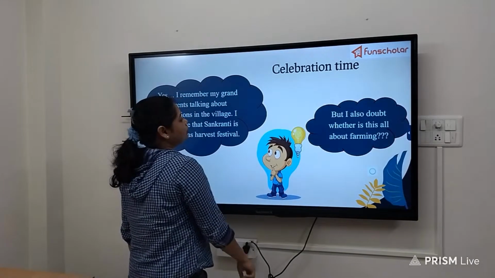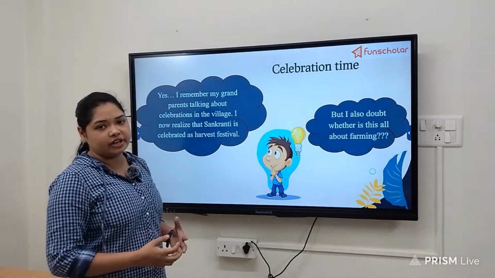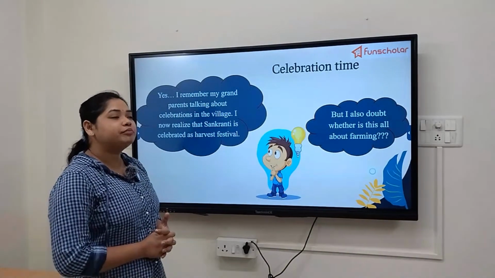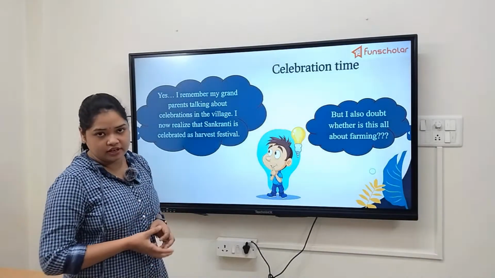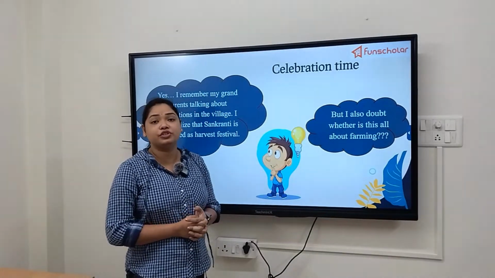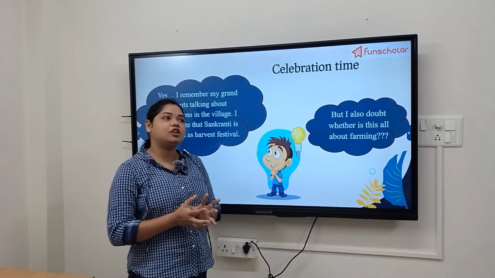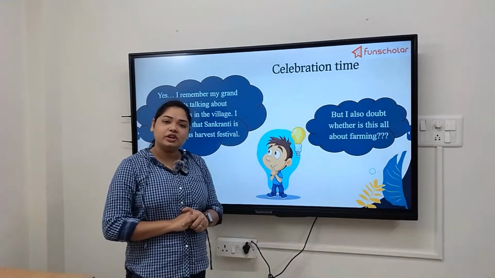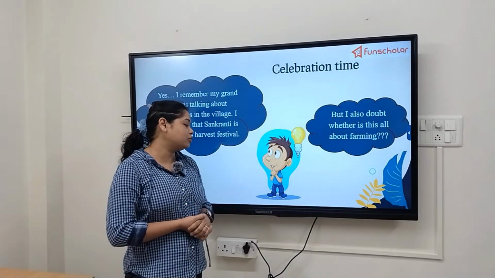Now, whenever we have the harvesting season, it is celebrated in India, because harvesting is a symbol that all the labor you have put in for so many months in agriculture has finally borne fruit. Harvesting good crops means you have become very successful in growing good crops.